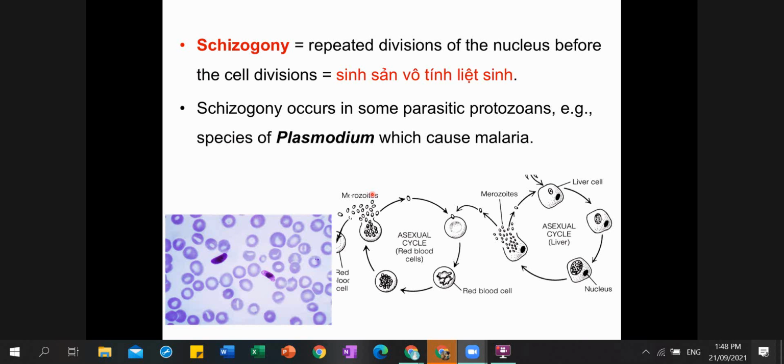And that makes the patient feel very cold. So very high temperature, but still feeling very cold. And that's the basic and most obvious symptom of malaria. That's why in Vietnamese, we call it sốt rét. That name has a reason. Is it clear?